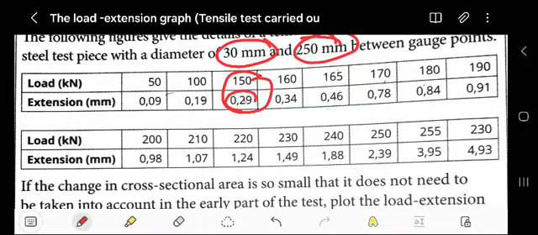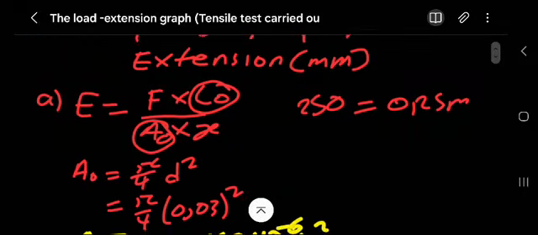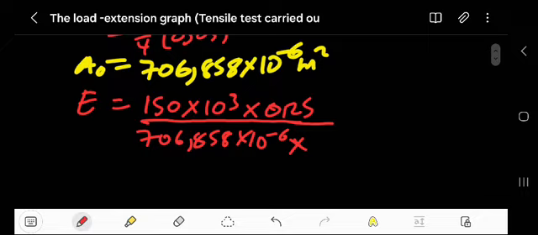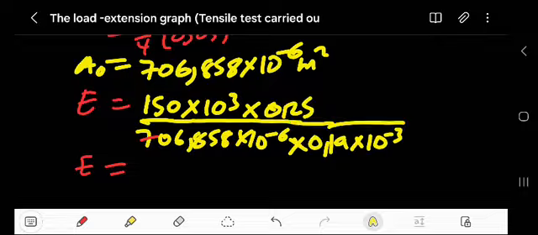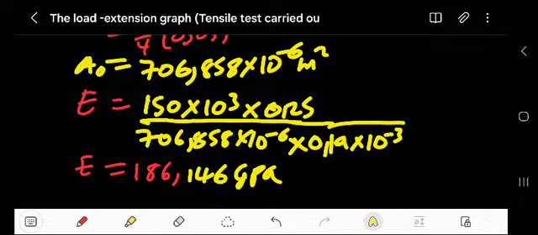Here's the change in length, 0.19 but in millimeter, so that will be meter, 0.19 times 10 to the minus 3. So E, if you punch this, the Young modulus will be 186,146 gigapascal. This is what you have.